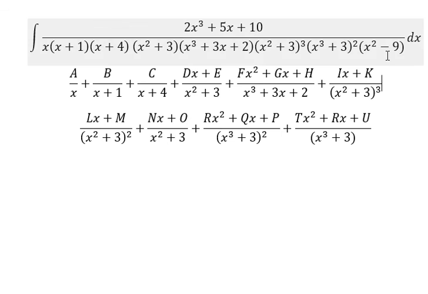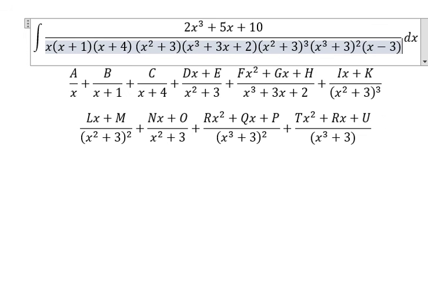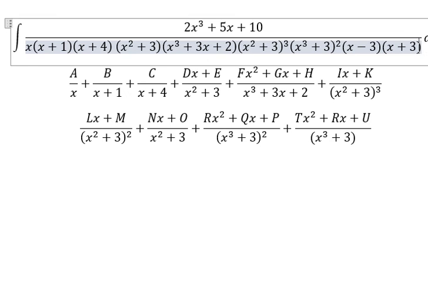Next, the last one, be careful. This is s squared, but we see that we have negative 9. When we do partial fractions, we need to create as many factors as possible. This one is a difference of squares identity. You can put it into s minus 3, s plus 3.